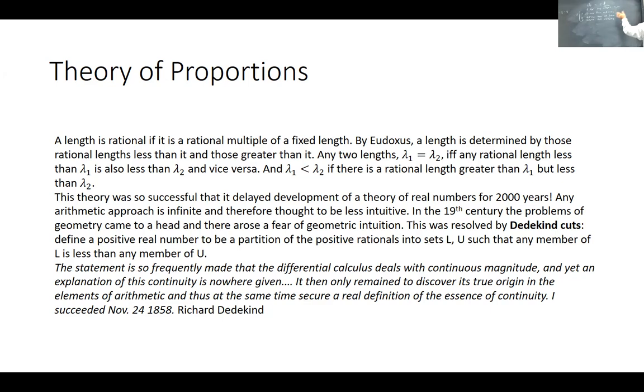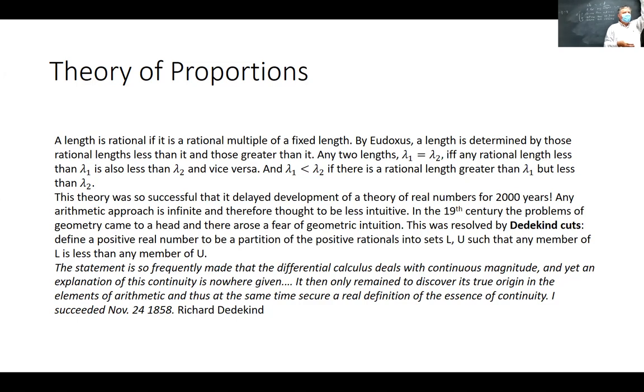And so what this is saying is that a length is determined by comparing it to rational lengths. So two lengths are equal if and only if any rational length less than lambda 1 is also less than lambda 2, and vice versa. And lambda 1 is less than lambda 2 if there's a rational length greater than lambda 1 but less than lambda 2.